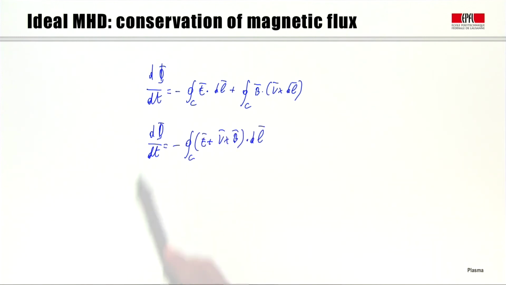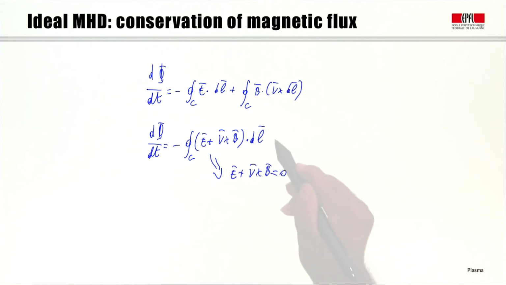What we have here is that dΦ/dt is minus the integral over the contour C of (E plus v cross B) dot dl. But this is Ohm's law, and we know that E plus v cross B in ideal MHD is equal to 0.